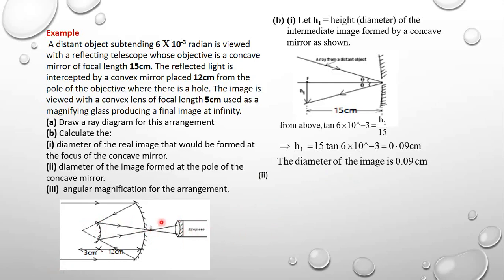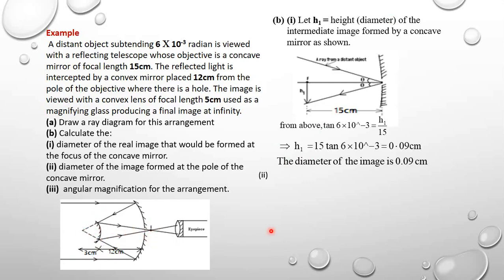So the height of the image formed by the concave mirror is h1, and that image acts as the object for the convex mirror. So the object height for the convex mirror is going to be h1, while the image height is going to be h2.